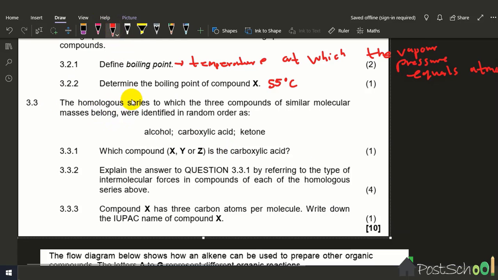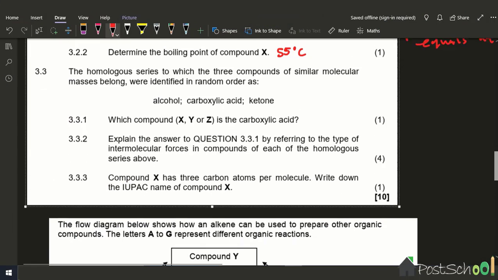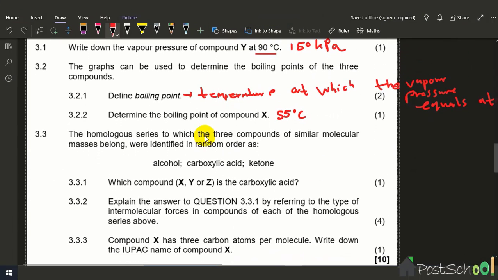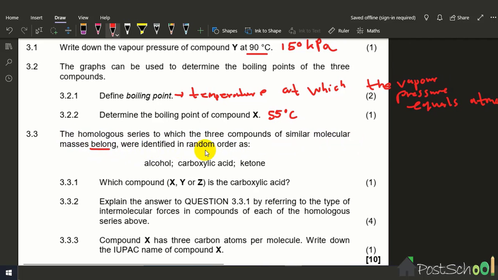The homologous series to which the three compounds of similar molecular mass belong were identified in random order as alcohol, carboxylic acid, and ketones. Okay, which compound X, Y, or Z is a carboxylic acid?